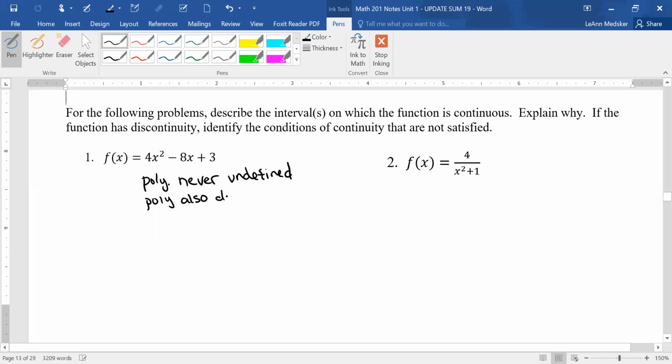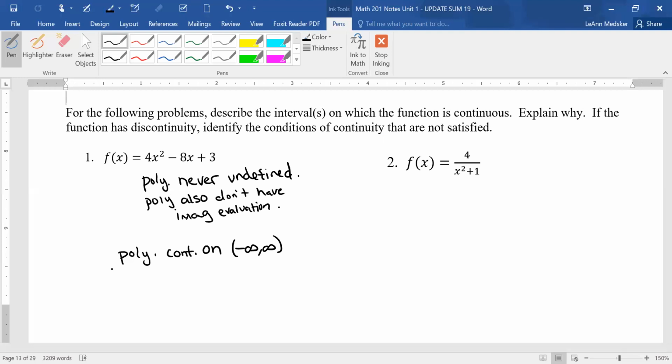So they also don't have imaginary evaluations when you plug stuff in. So there's no reason for this to cause any kind of issues. So polynomials are continuous on the whole real number line, and that will always be true for polynomials, okay? So anytime you encounter a polynomial, it's continuous on its entire number line, unless for some reason someone has defined it to have a piece missing. But polynomials as given are always continuous everywhere.